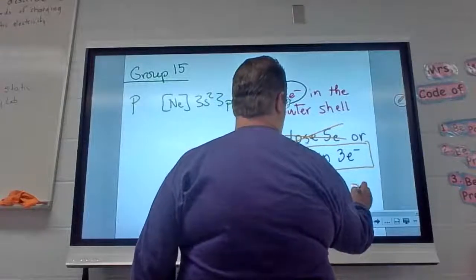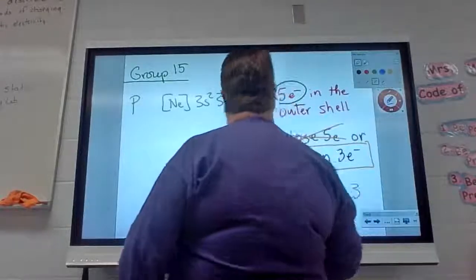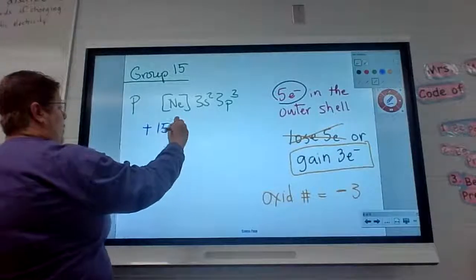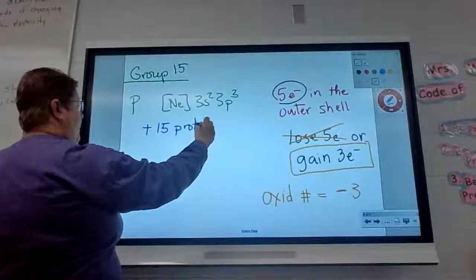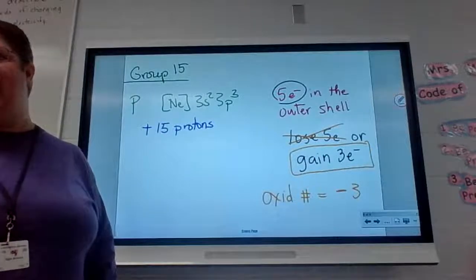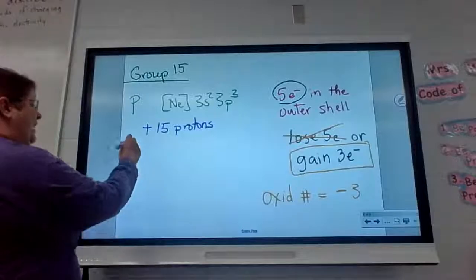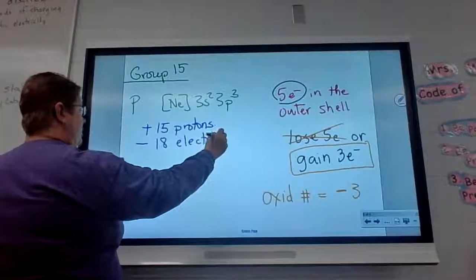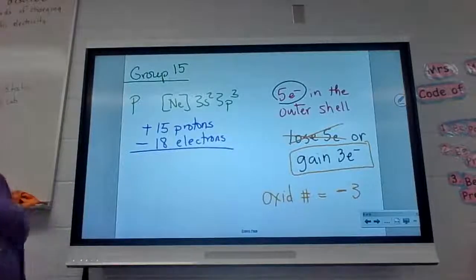Now, the oxidation number is -3. Now, the reason for that, if we take phosphorus, it has 15 protons. If I gain 3 electrons, how many electrons will it have? We'll have 18 electrons. Now, if you're sitting in math class, what happens when you add those two numbers together?